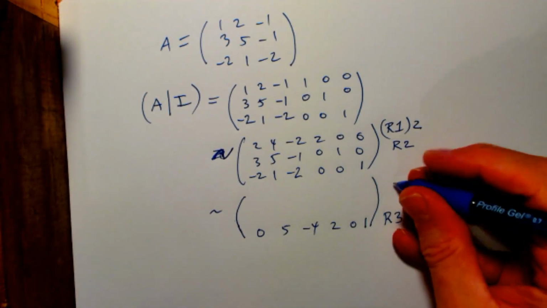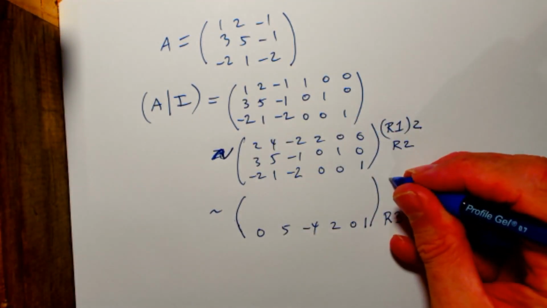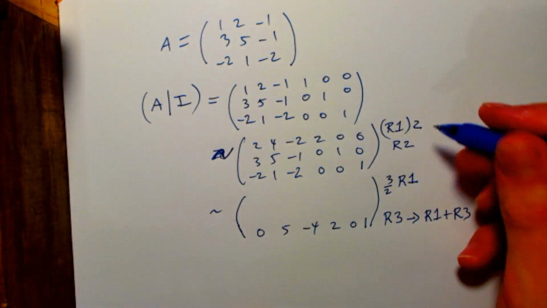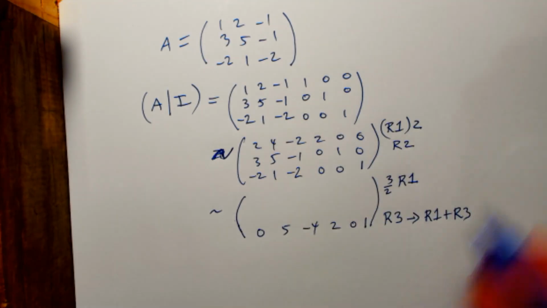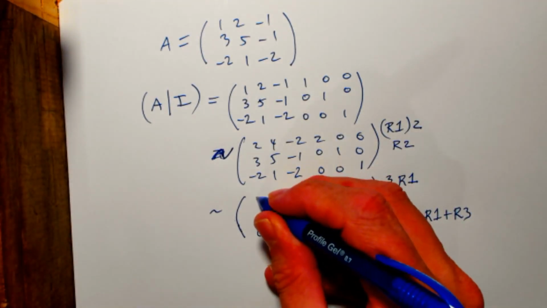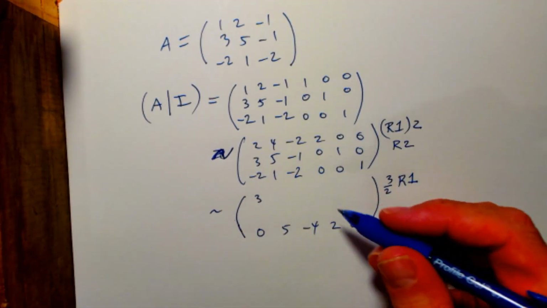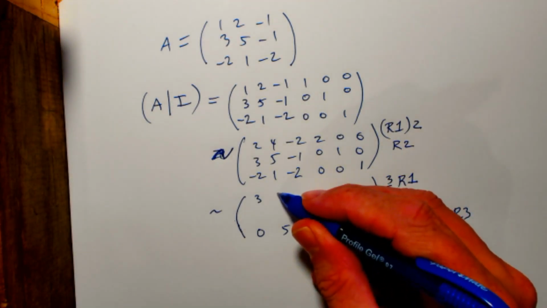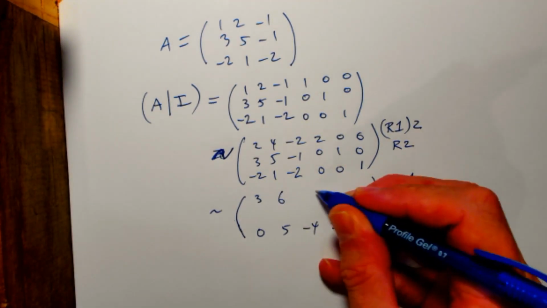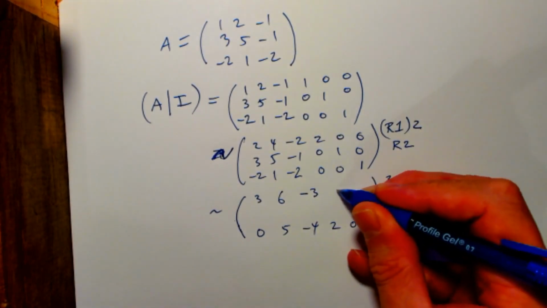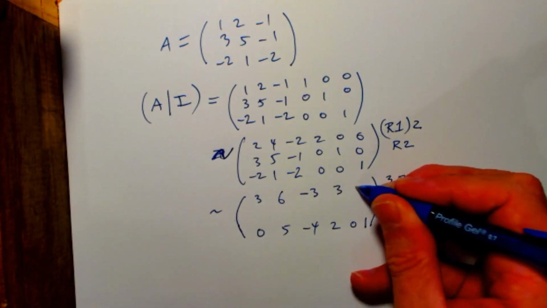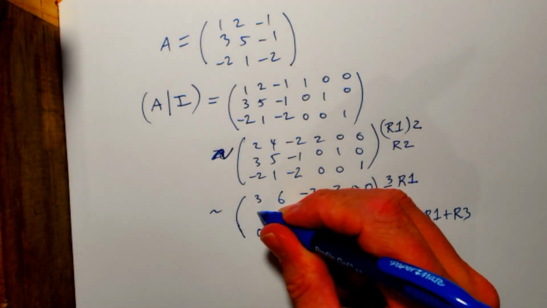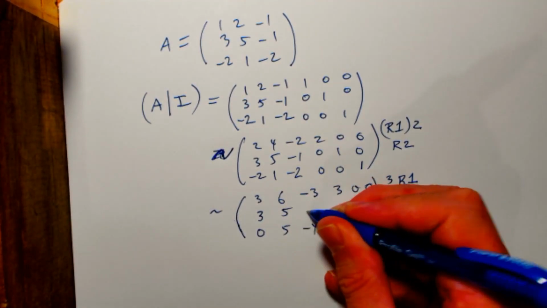So I'm going to multiply row 1 by 3 over 2. So I get rid of the 2's that I've put there, and I get a 3 so I can do something with the second row. So that will be 3, and then the 4 over 2 is 2 times 3 gives 6, then minus 3, 3, 0, and 0. Okay, now row 2 should be just the same.